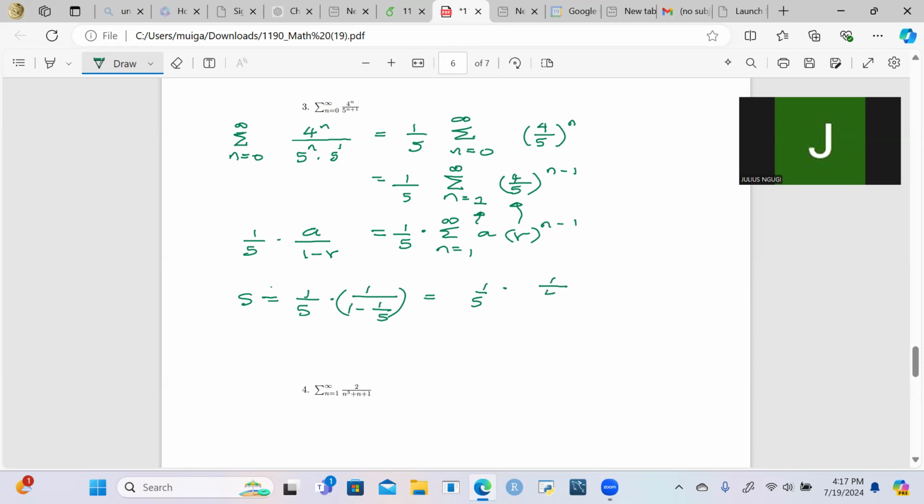That is 1 over 5 times 5 over 4. And that is 1 over 4. So the fact that the absolute value of r is less than 1, that means that the series converges. That's the point that we know that the series converges. And the sum is 1 over 4.